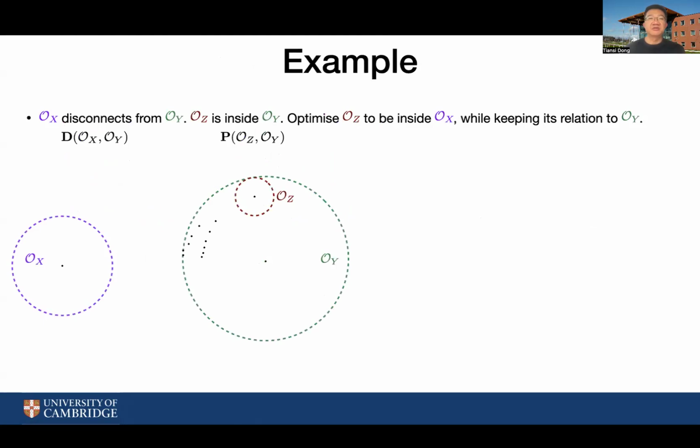So let's look at an example to understand how this process works. Let's look at a case where there's no solution. Suppose we fix two spheres, X and Y. They are disconnected, and sphere Z is inside Y, and this relation must be kept. And the target is to move sphere Z inside sphere X. This is impossible.